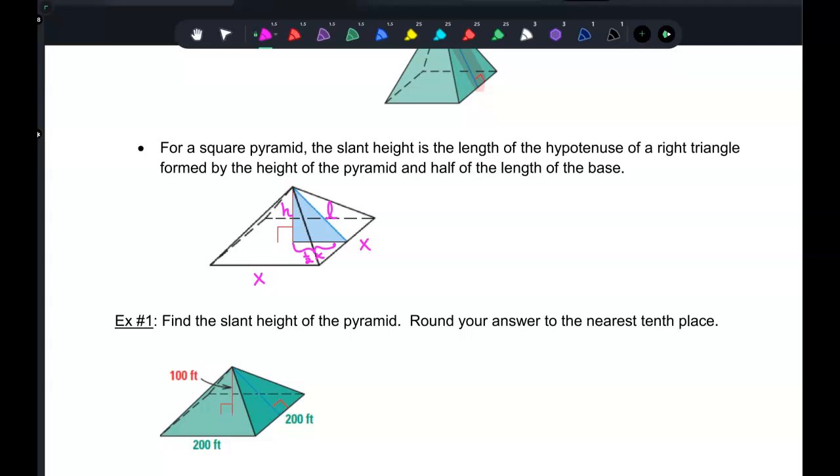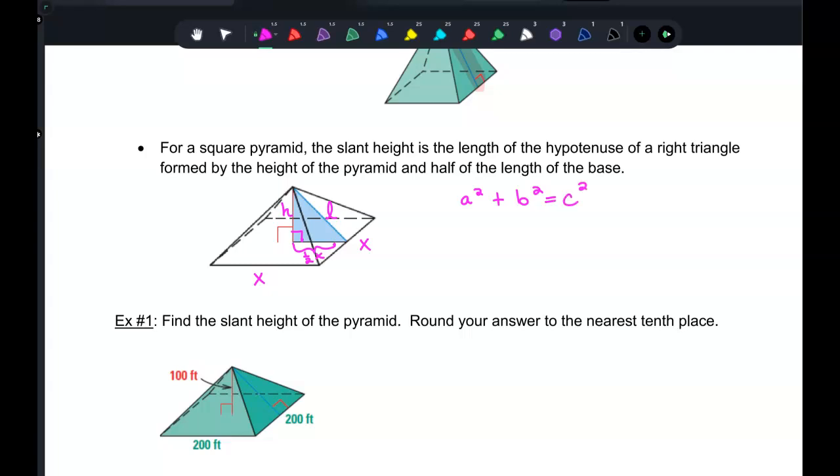Now, you see there's a right angle here? Okay. What happens when we have a right triangle? We have a squared plus b squared equals c squared. So in this case, what would be our a squared, b squared, and c squared? Which one has to be the c squared?